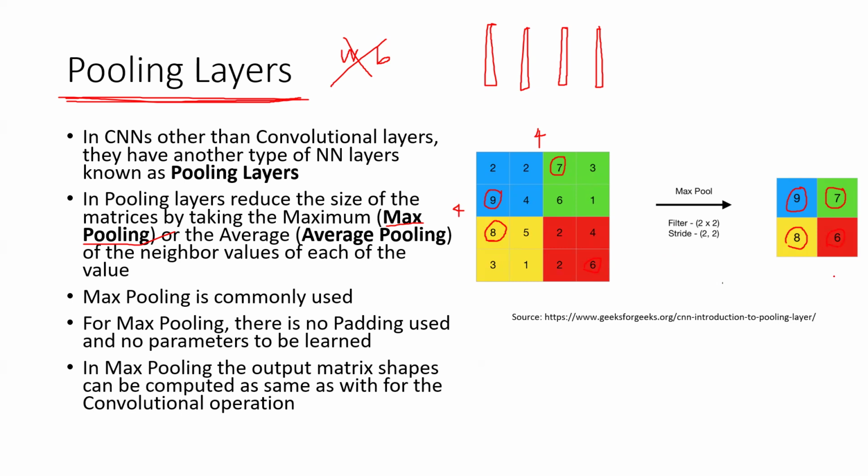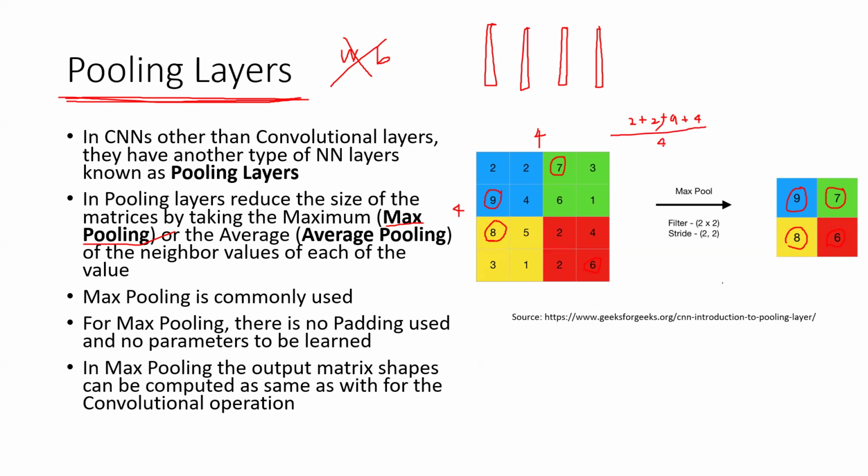Sometimes there's another form of pooling known as average pooling, where you take all these values. For the blue color pool, you can take 2 plus 2 plus 9 plus 4 divided by 4.